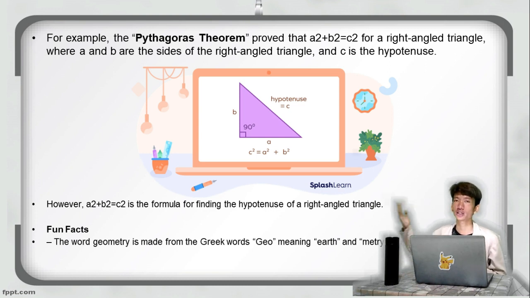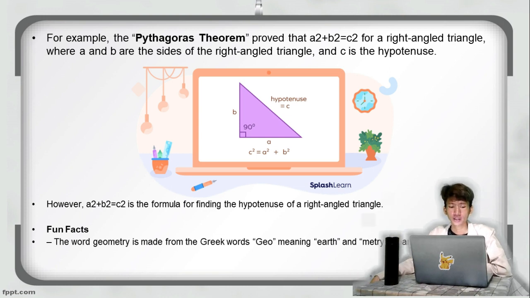You can see the picture on the screen. So a² + b² = c² is the formula for finding the hypotenuse of a right-angled triangle. Fun fact: the word geometry is made from the Greek words geo, meaning earth, and metri, meaning measurement. So geometry means earth measurement.